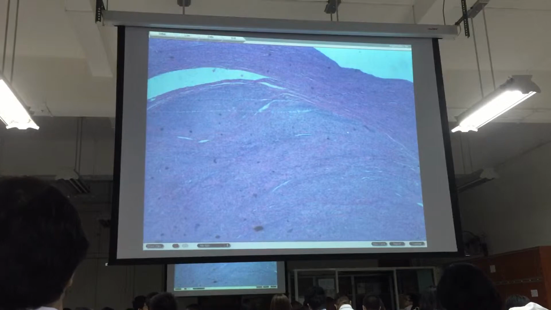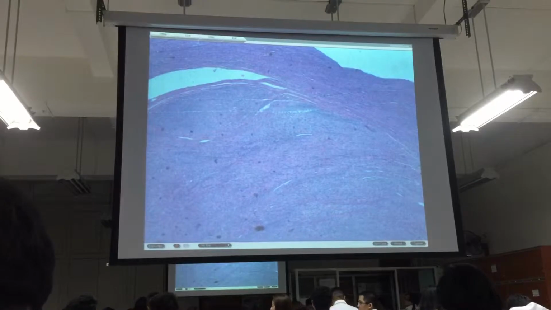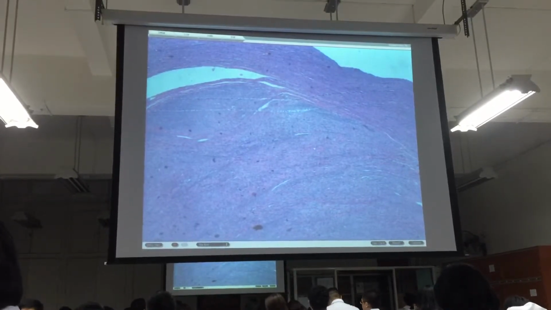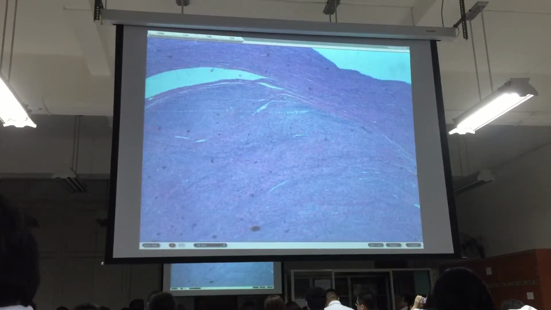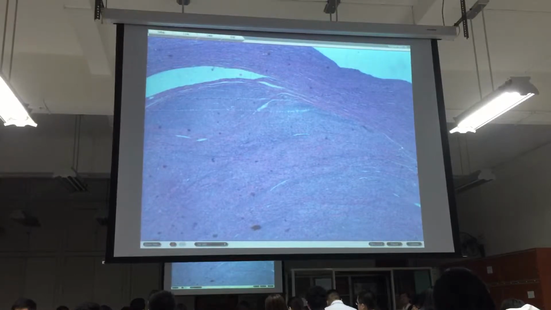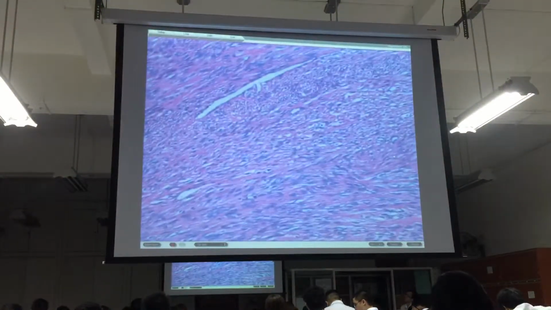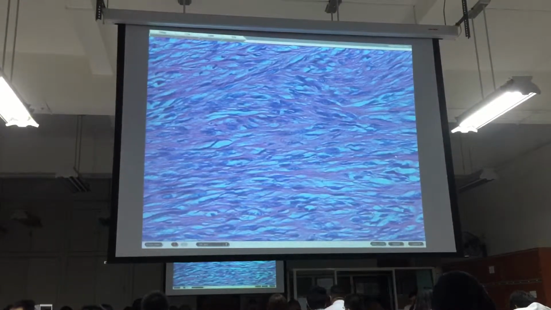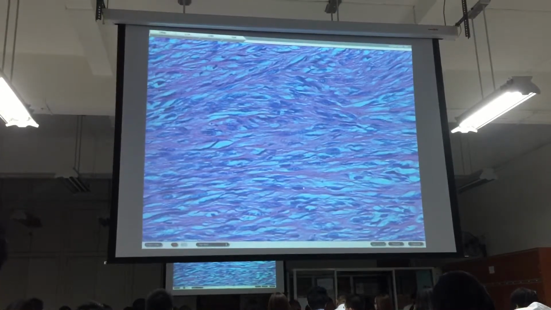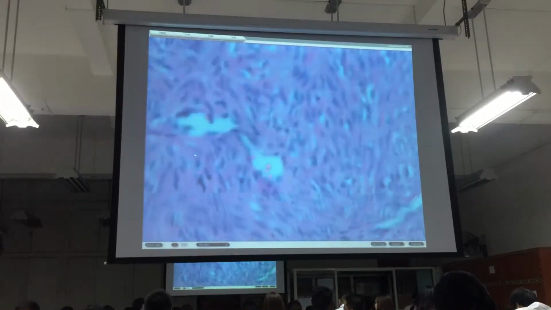See here, you can look at the difference between the normal myometrium and this leiomyoma. You see a definite border, so this is well circumscribed. If you look closely, you won't see any mitosis. There will be no atypia. Almost all the nuclei are the same, elongated, and the sizes are almost the same.